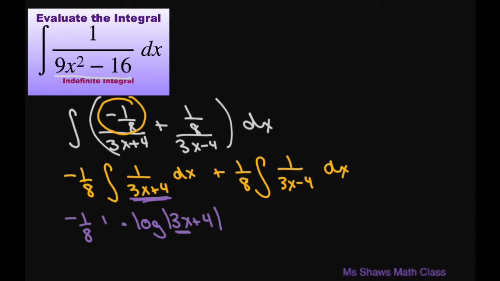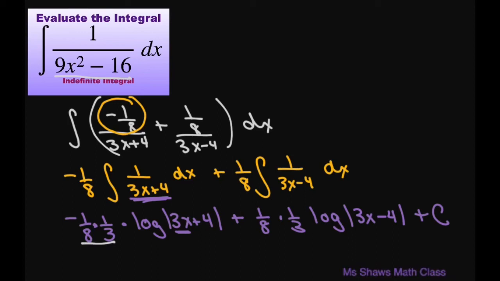So that's going to end up being 1/3, like that. And this piece is the same thing. We're going to have 1/8 times 1/3 times log of absolute value of 3x minus 4, plus your unknown constant. Now these are going to be negative 1 divided by 24, and this is going to be 1 divided by 24.